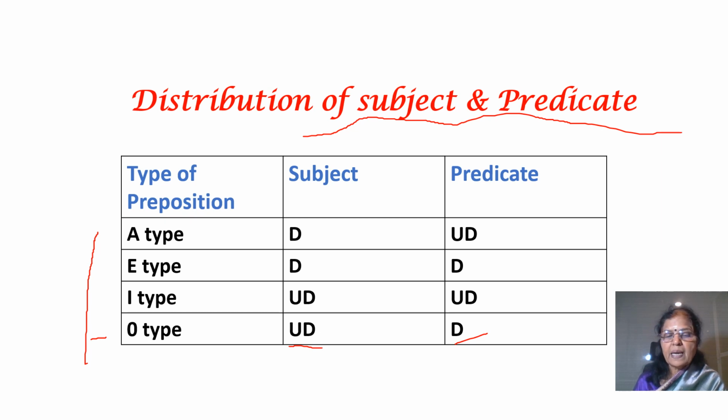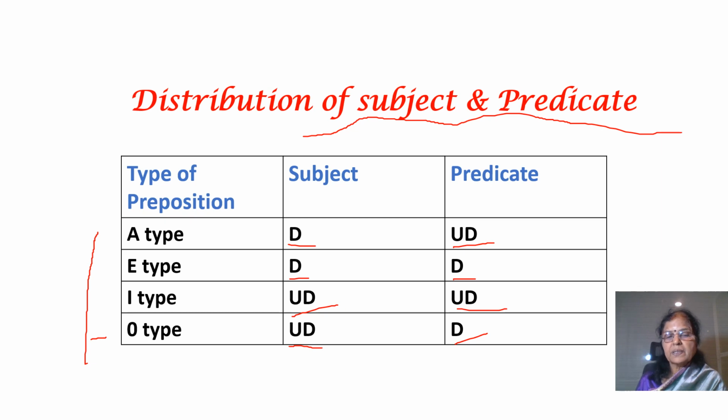A and O are exactly the reverse. And in the E type, both subject and predicate are distributed, and in the I type both are undistributed. Just learn this by heart.